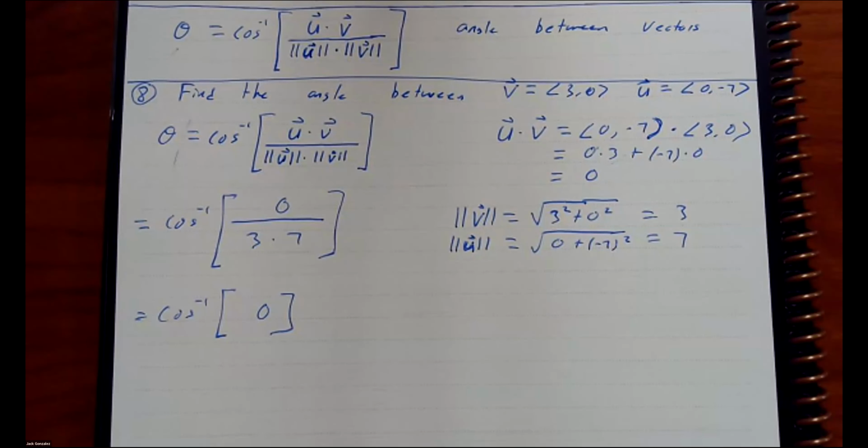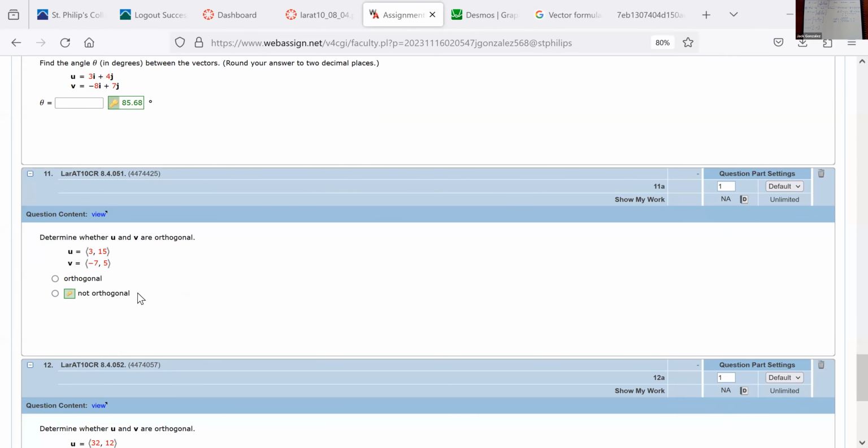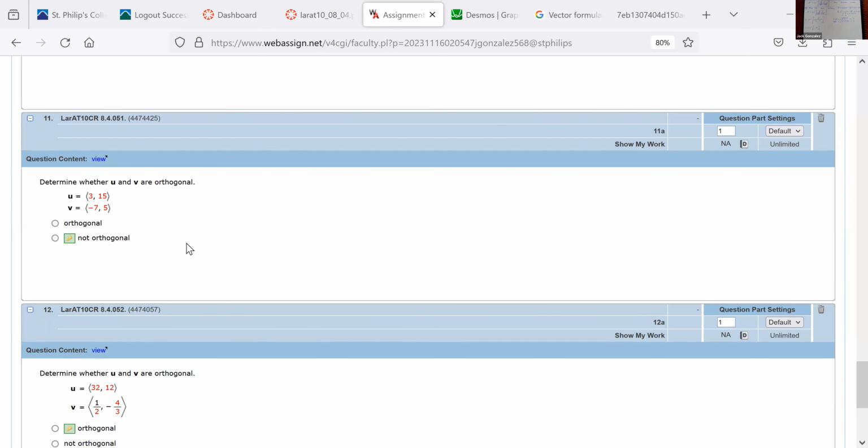We just talked about this. Check it out. It's asking us, are these two vectors orthogonal? In other words, are they perpendicular? And in more other words, is the angle between them 90 degrees? So how would you check?